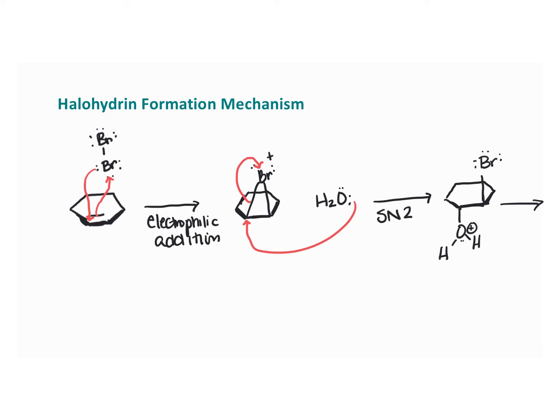Then we're going to have a proton transfer where another water molecule comes in and steals that proton, and those electrons go on that oxygen. And now we have, I put it way up there, our Br. So there we go. We've added our OH and our Br.